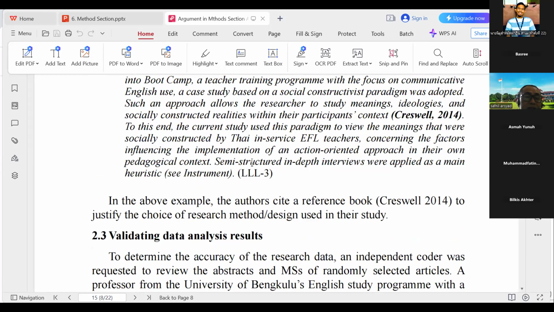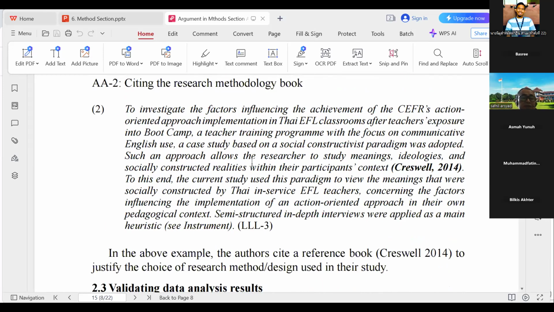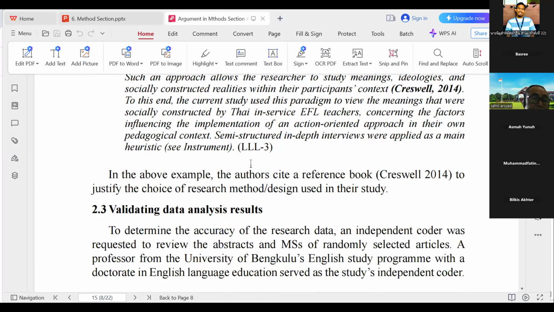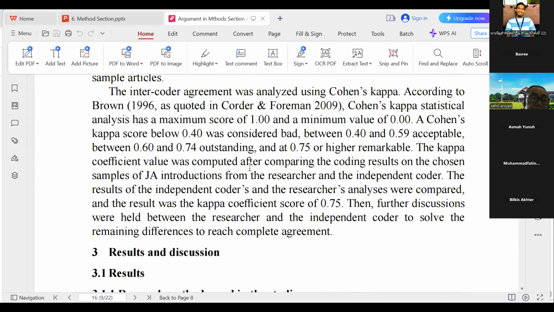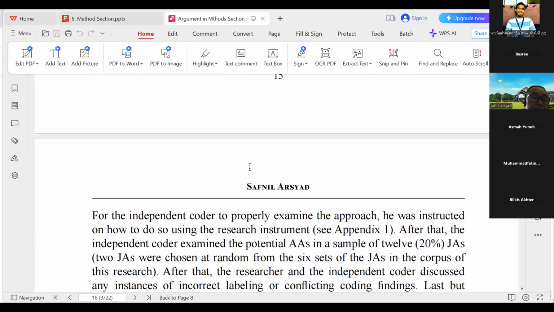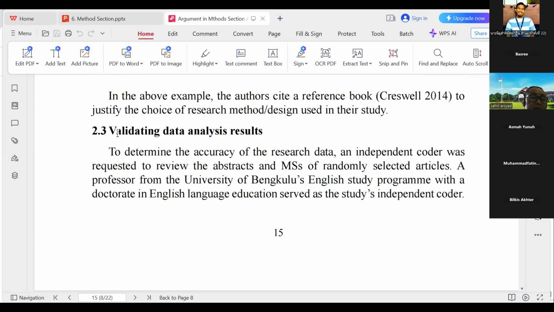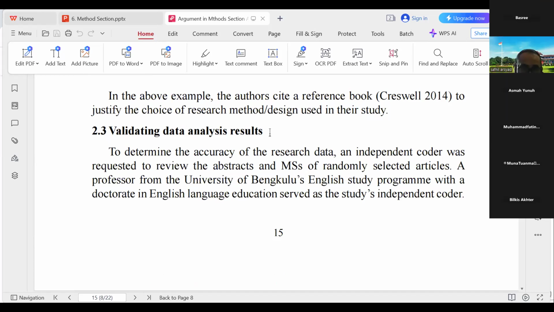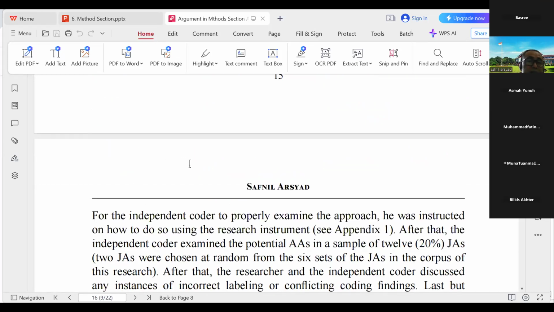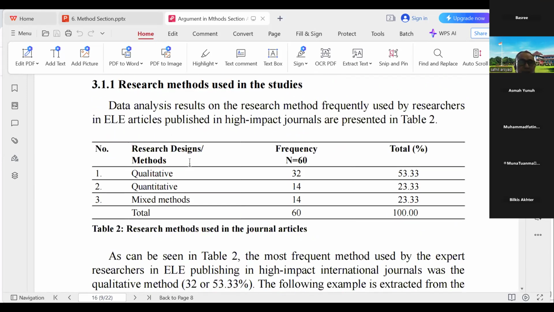Or number three, no justification at all. Now, validating is the third component, validating data analysis result, because this is more a qualitative study. So we have to validate the data analysis result, not the instrument.